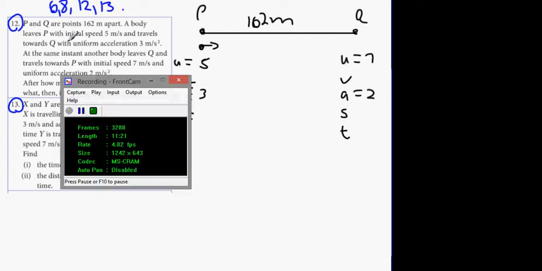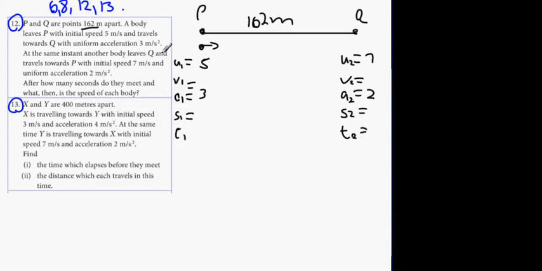Okay, guys. So what we're looking at here is two different bodies or vehicles coming towards each other, and then they meet somewhere in the middle. Can anybody tell me which side of the middle it will be? We don't really know, do we? It's sort of 50-50.